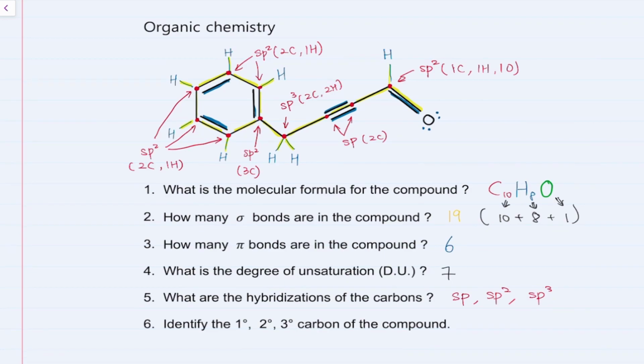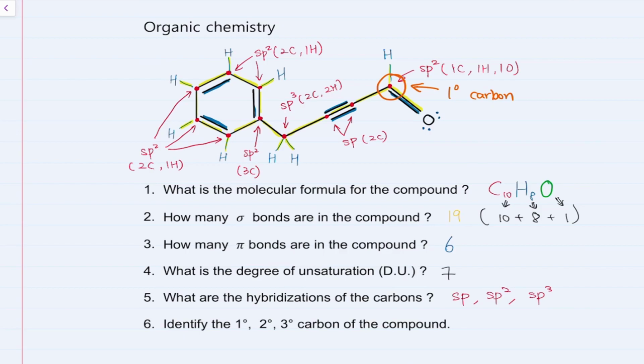Primary, secondary, and tertiary carbon can be identified by finding the number of carbons connected or attached to a carbon. When there is one carbon attached to the carbon, just like this carbon here, it is called primary carbon.